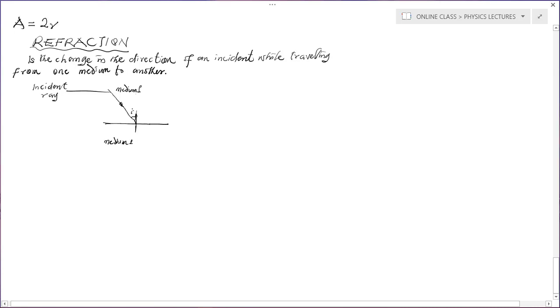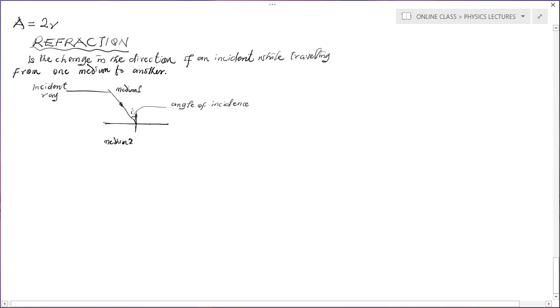And the angle here that I just called small letter i is called angle of incidence. Now, instead of the ray moving out in the second medium like this, it depends on how strong the medium is.